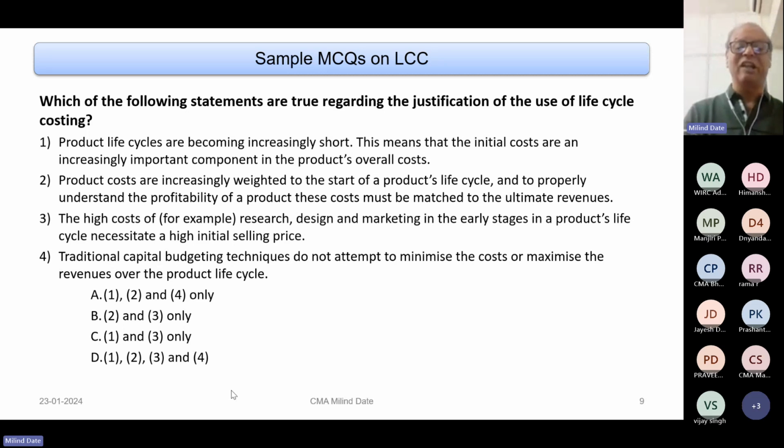Traditional capital budgeting techniques, that's the wording used. So it's like the payback period or ROI or IRR, concepts like that, NPV. These are all traditional capital budgeting techniques. Now, which of these statements are true? Are all of them true, or only a couple of them true, or more than one true? Choices are given. So please type your answers in the chat box.